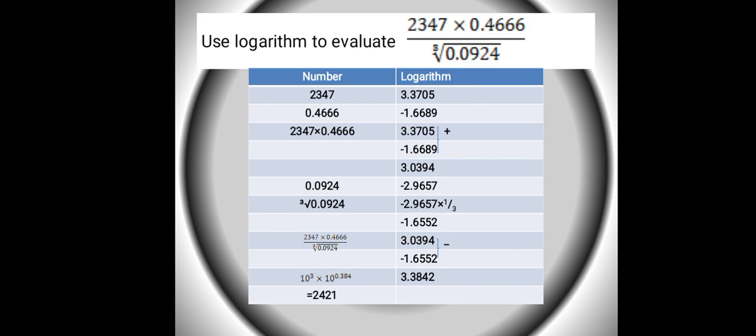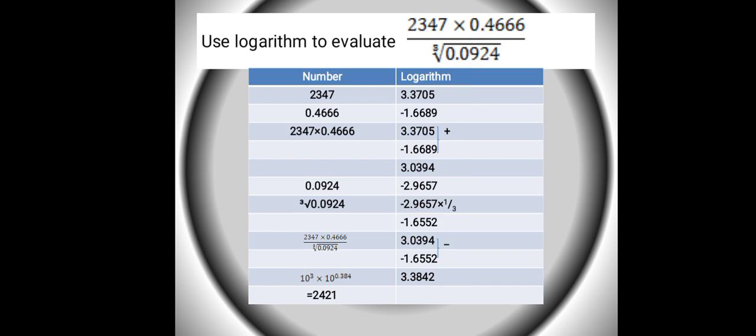The logarithm of 0.0924 is 2.9657. The cube root of 0.0924 is 2.9657 multiplied by a third, which gives us the logarithm 1.6552.